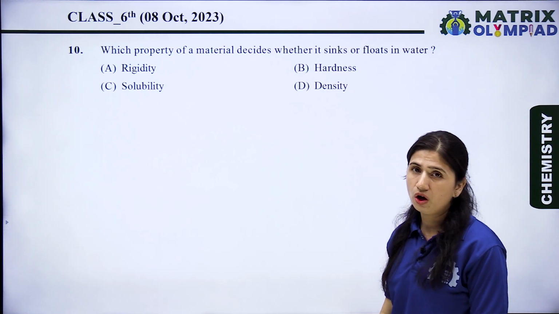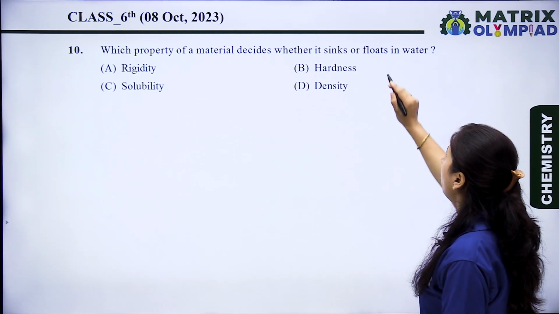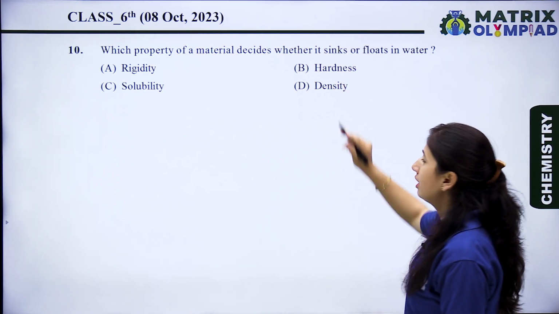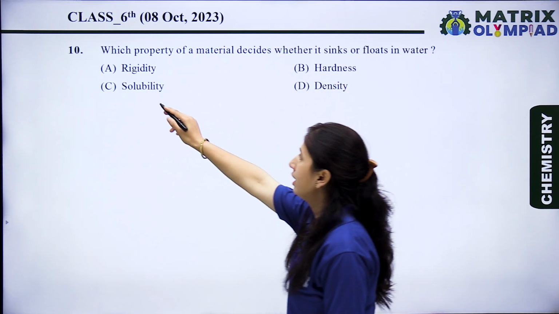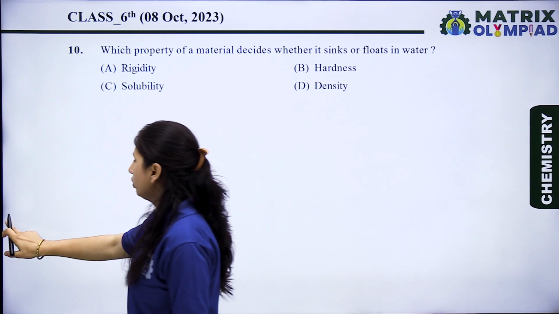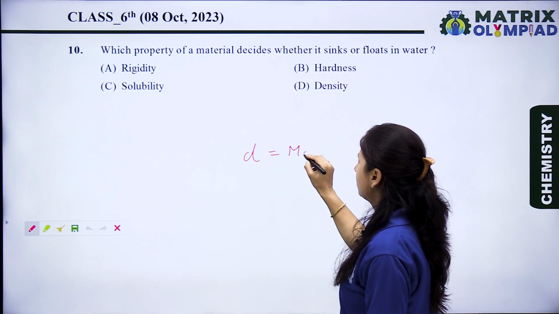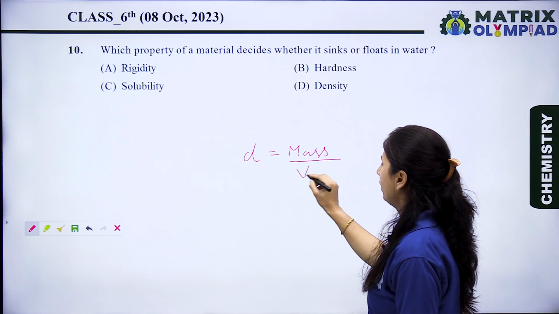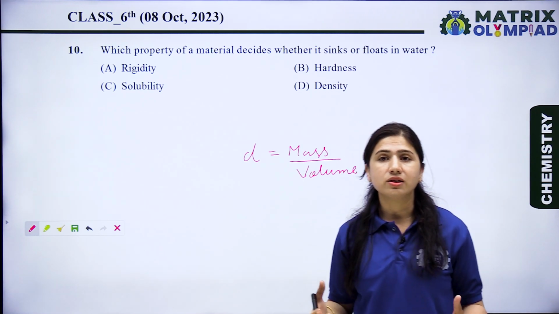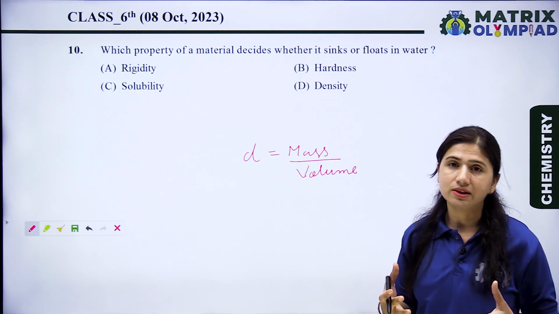Which property of a material decides whether it sinks or floats in water? First is rigidity, second is hardness, third is solubility, and fourth is density. We know that the density D equals mass upon volume, meaning density is the measurement of how compactly or how tightly the material is packed.